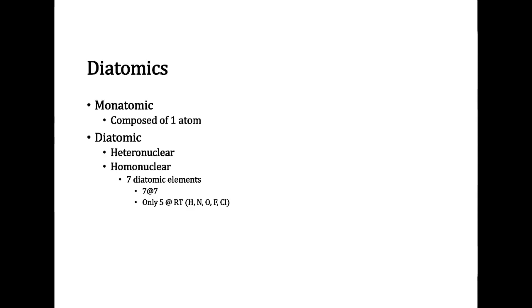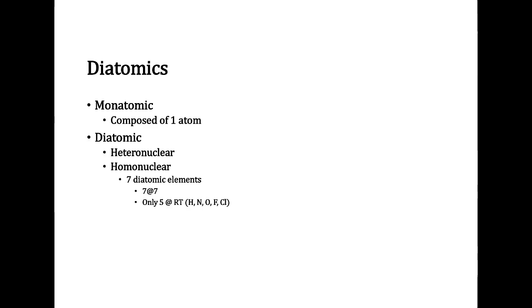There are two different types of diatomics: heteronuclear diatomics and homonuclear diatomics. Heteronuclear diatomics means there are two different species, whereas for homonuclear diatomics, it's the same species bonded to itself. There are 7 naturally occurring diatomics.